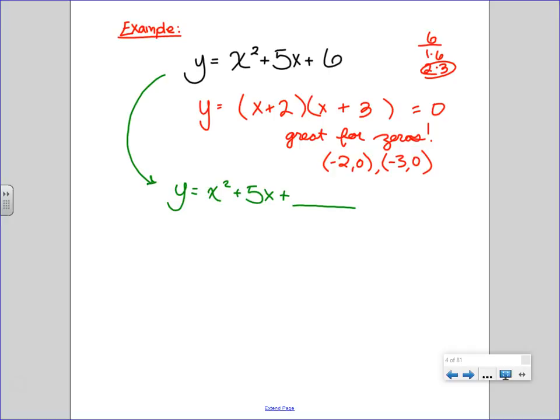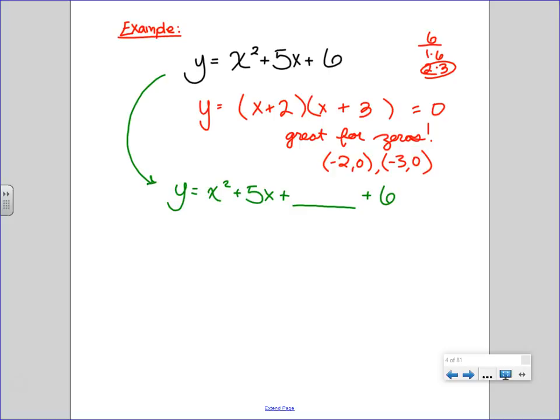Algebra tells us we can add or subtract to one side of an equation. We just can't throw everything off balance. So if we have an equal equation, which we do from the very beginning, and if we add something to one side, what did algebra tell you? Add to one side and add to the other? No. We don't want to add to the other side. We want y to stay by itself.